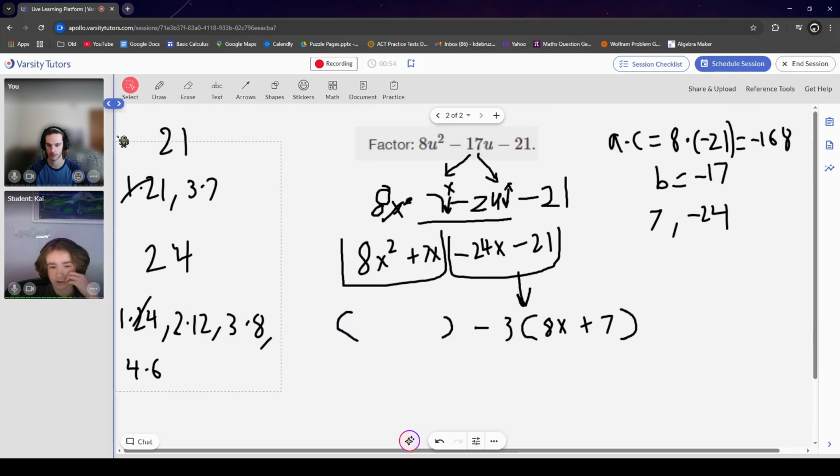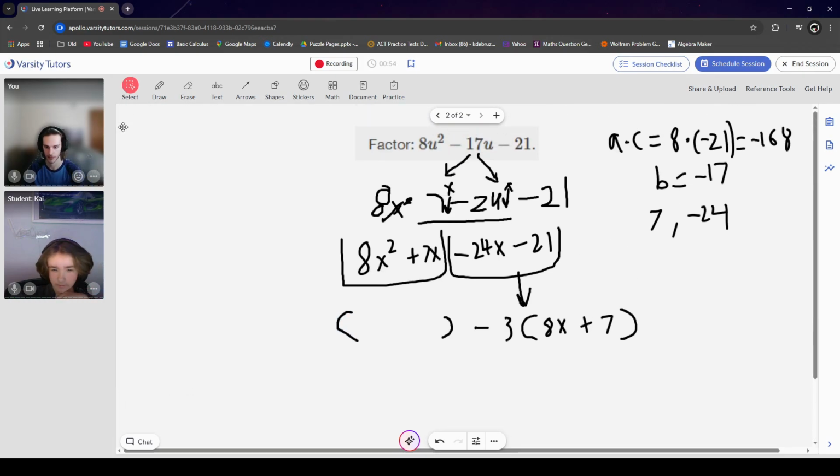So the commons are the x's. That's 1. Is there any other thing that's common? We have to expand them to see. Sure. So how could we expand 8? I'm going to write this up here.